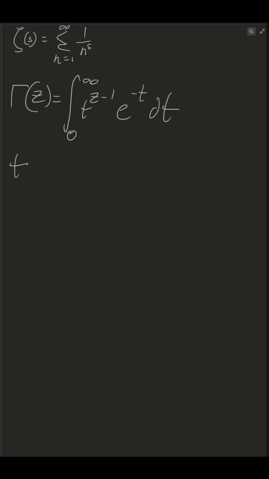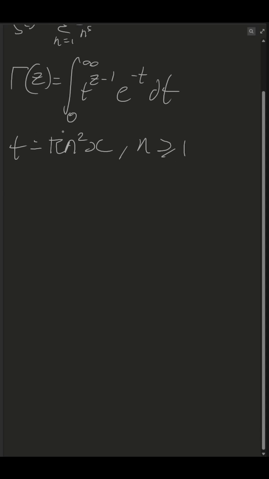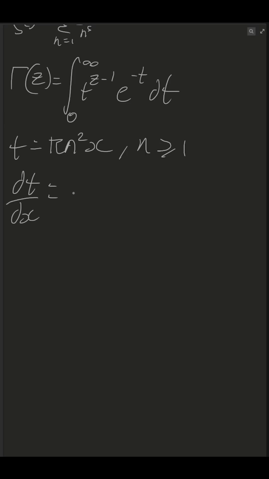Now we're going to say that t is equal to pi n squared x, where n is greater than or equal to 1, and we can say that dt with respect to x is just equal to pi n squared, and so dt is equal to pi n squared dx.